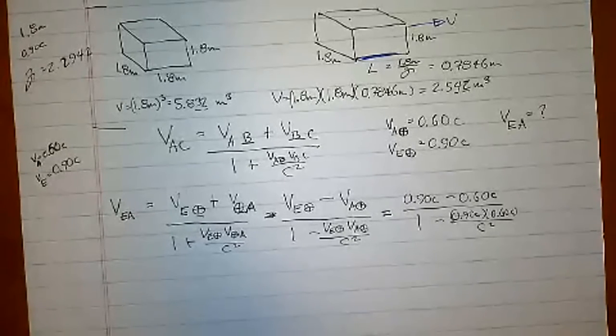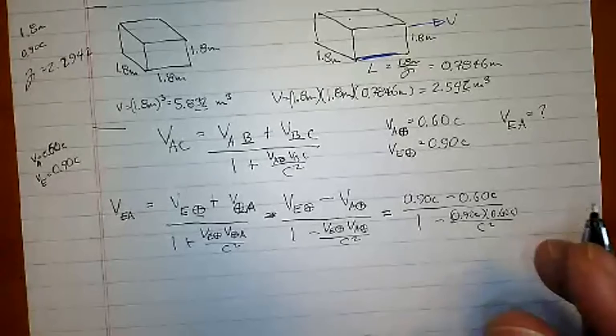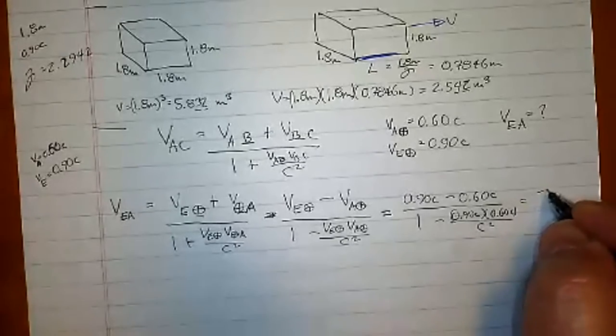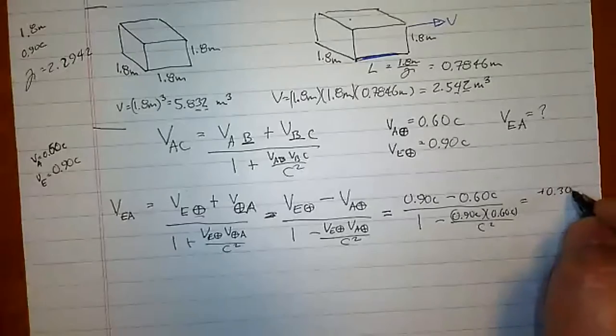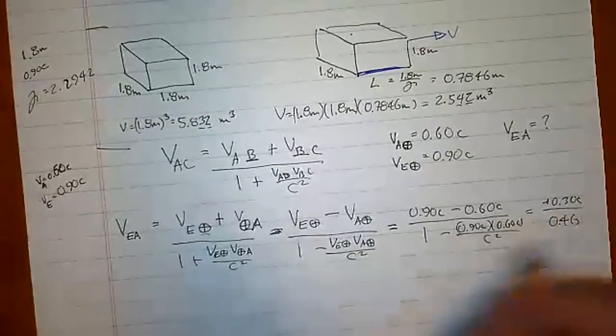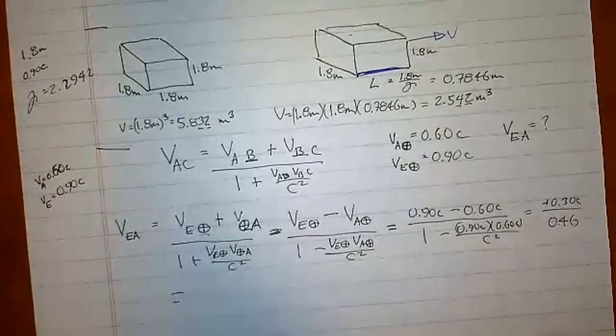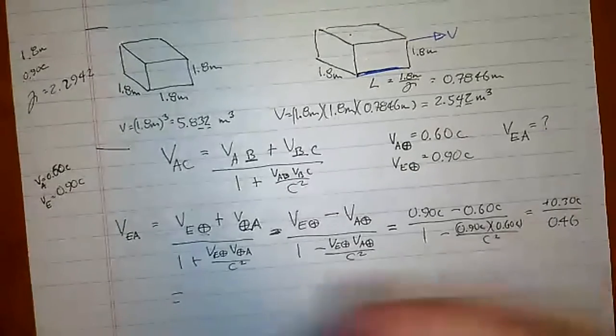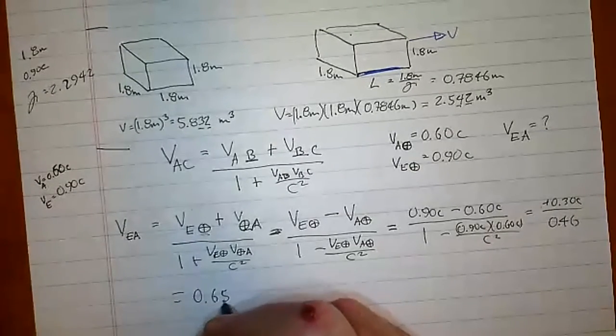And then divided by 100, that'd be 0.54. 1 minus 0.54 would be 0.46. Yeah, and it wants it in the C. 0.3 divided by 0.46. And I get 0.652. That's correct.